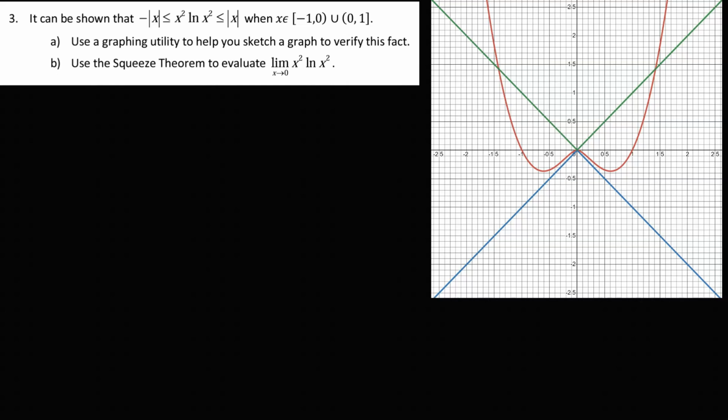It is an application of the squeeze or the sandwich theorem.